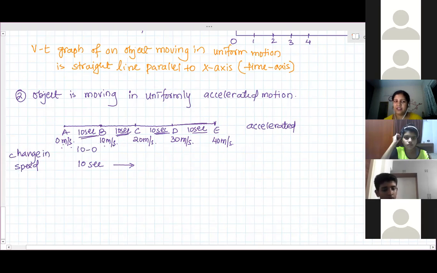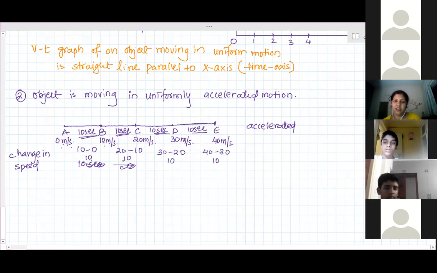Now again, in the next 10 seconds, what is the difference? 20 minus 10, that is 10 again. Next 10 seconds, 30 minus 20, that is again 10. Next 10 seconds, 40 minus 30, that is again 10. So every time the change in speed is the same.